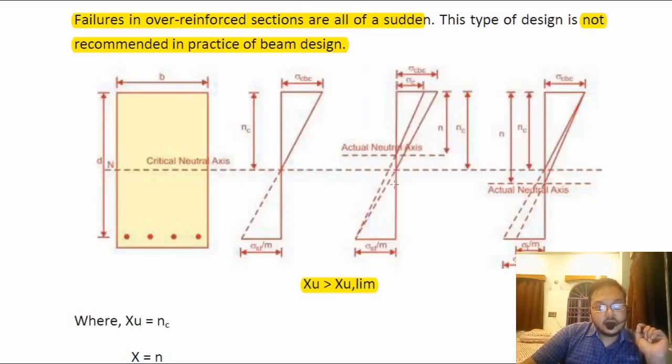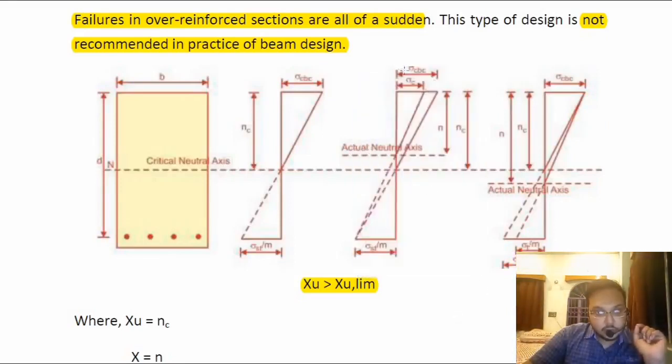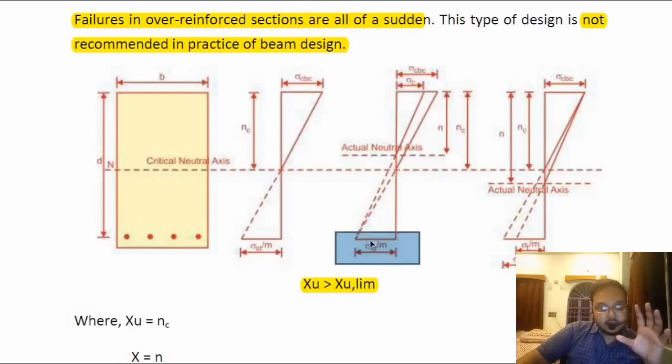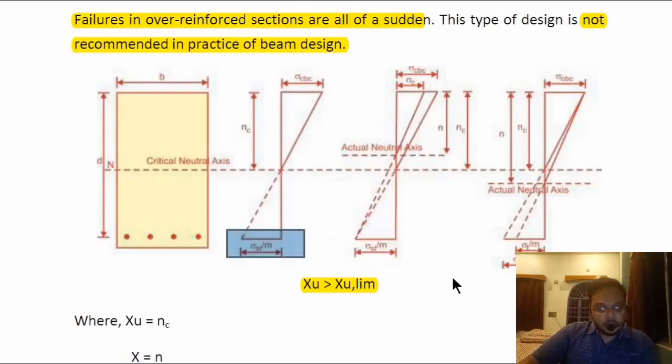So our under reinforced sections are somewhat like this. The strain diagram for an under reinforced section will be somewhat like this. Sigma CBC is the maximum stress or strain that a particular concrete can take, but we are actually providing a strain which is lesser. Here the strain occurring in the steel is the yield strain, so this is equal to this one.